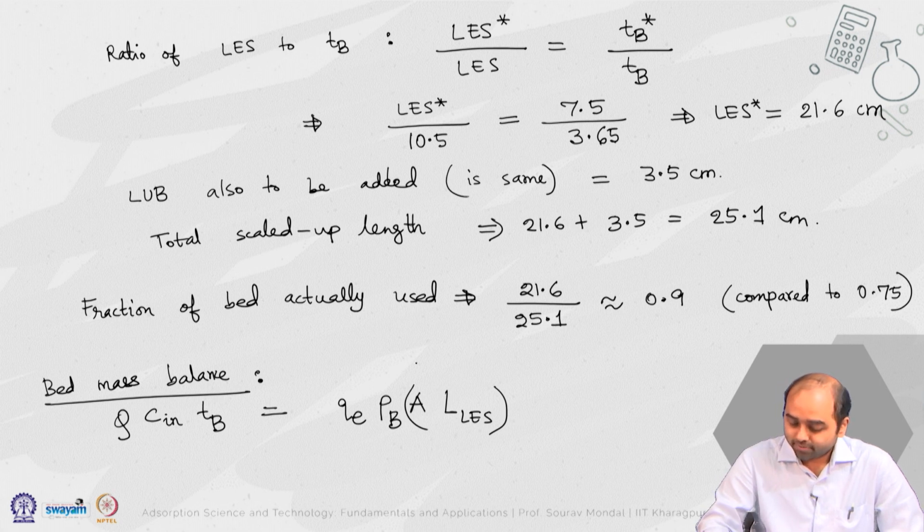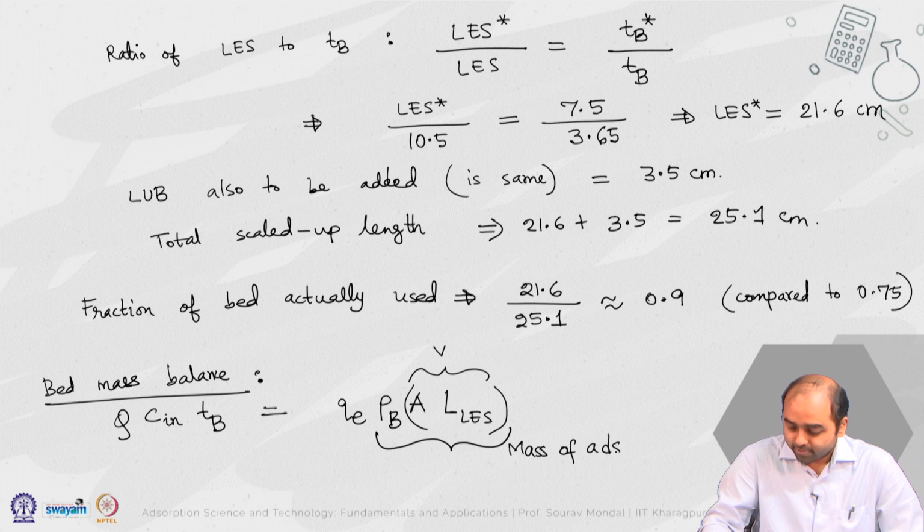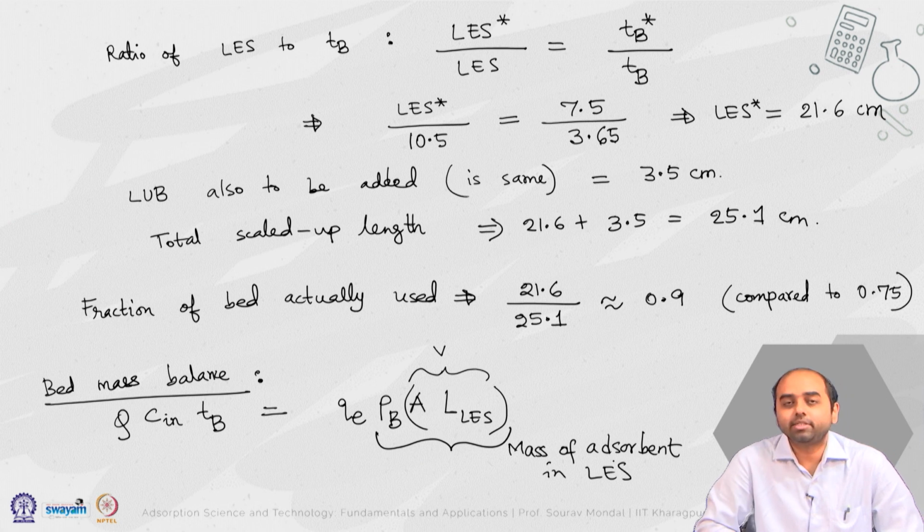So, this is the volume of the equilibrium portion of the bed multiplied with the bed density gives the mass of adsorbent in the equilibrium portion, and multiplied with QE, the equilibrium value tells us how much of the solute is in the solid phase.